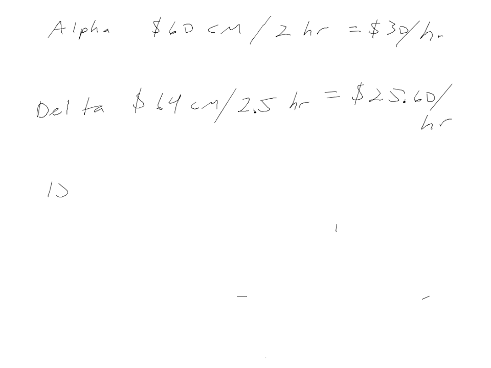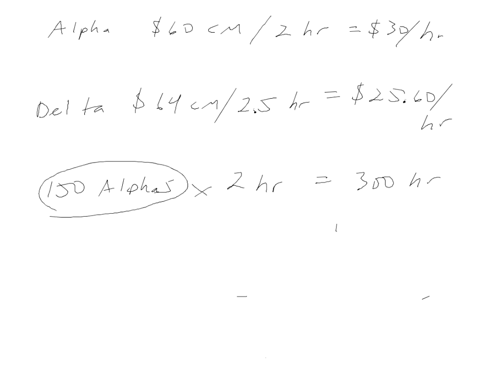So if we make 150 alphas, and it takes us 2 hours to make an alpha, that's 300 hours, 300 machine hours that we need. And the question tells us that there's 500 hours available, so that's perfectly fine. We can make 150 alphas, right? And we still have hours left over.